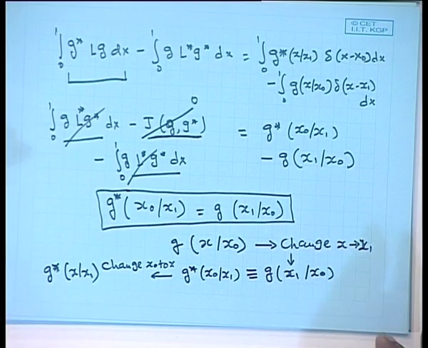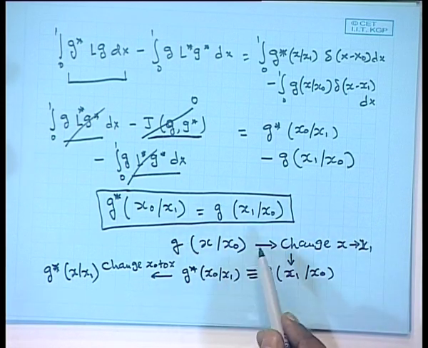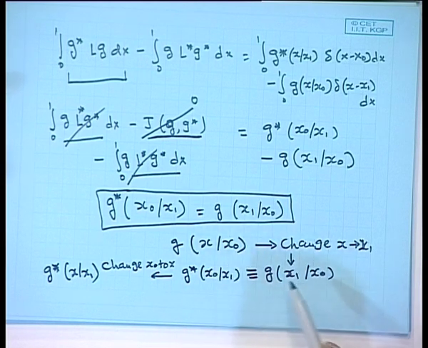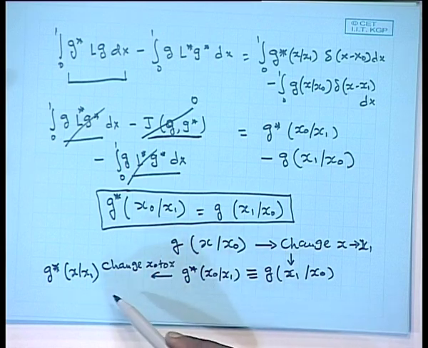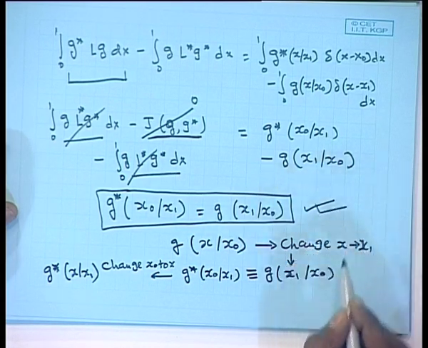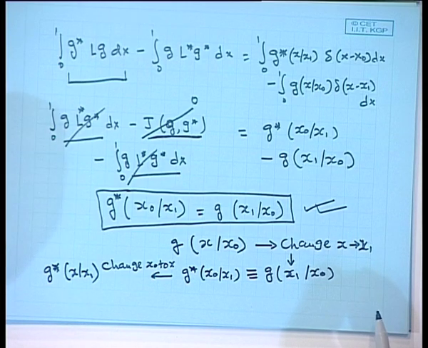That means, by solving a differential equation for g, you will get the solution of g. We will look in a moment at how we get the solution of g given an operator. You will get a solution of g that will be a function of x and x naught. By doing some simple transformation, you can get g star as a function of x and x1 using this relationship. This is a very important relationship.